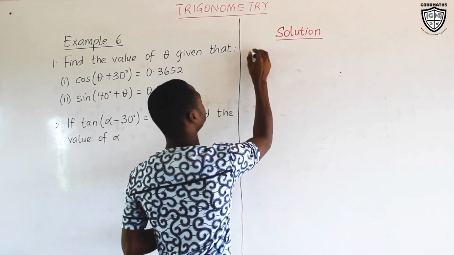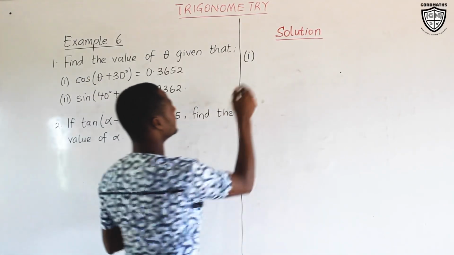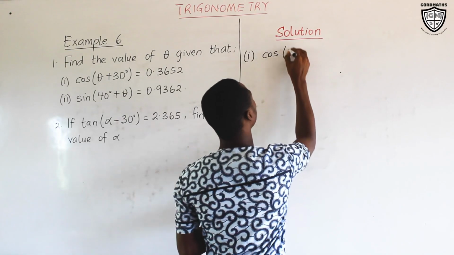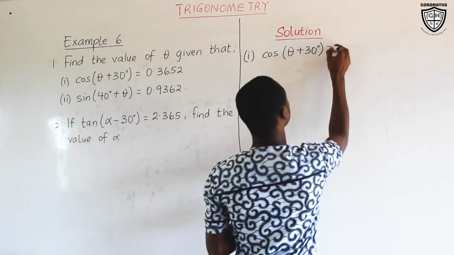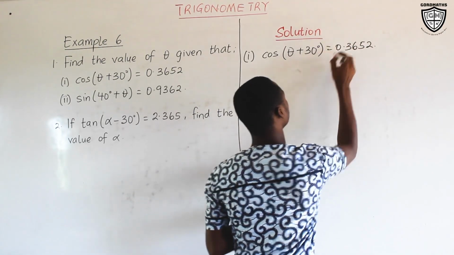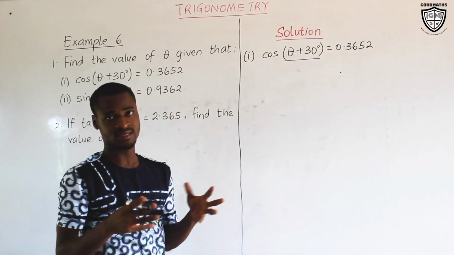We want to find the value of theta, and we are given that cos of the angle theta plus 30 degrees is equal to 0.3652. Note that this is one term since it's in a bracket.